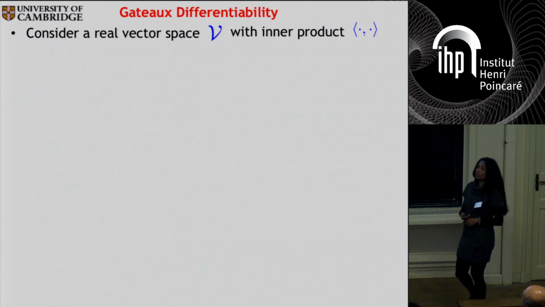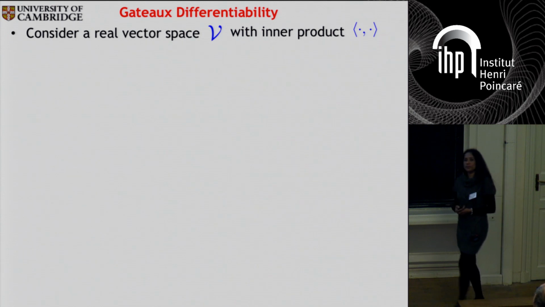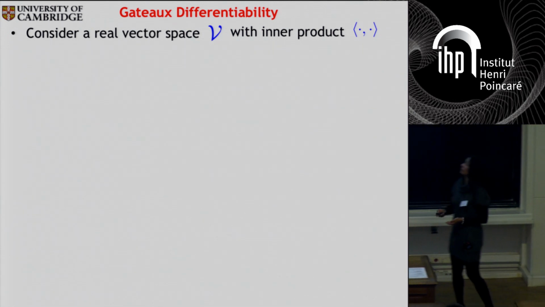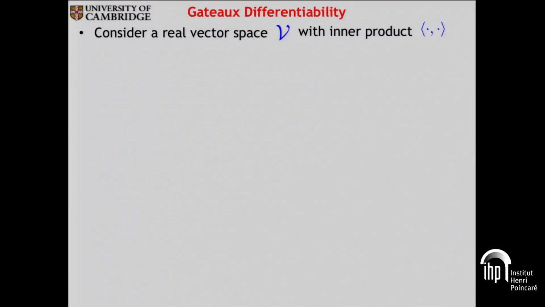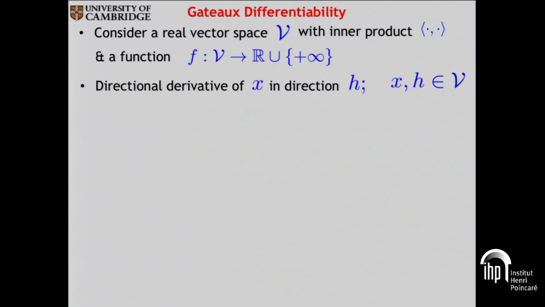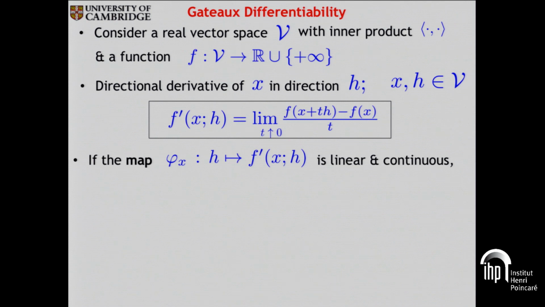Gateaux-differentiability is just the extension of the idea of directional differentiability to an arbitrary real vector space. So consider a real vector space V with inner product denoted like that, and let f be a function from the vector space to the reals. Now we consider the directional derivative of f at x in the direction h, where x and h are elements of this arbitrary real vector space, defined in the following manner.